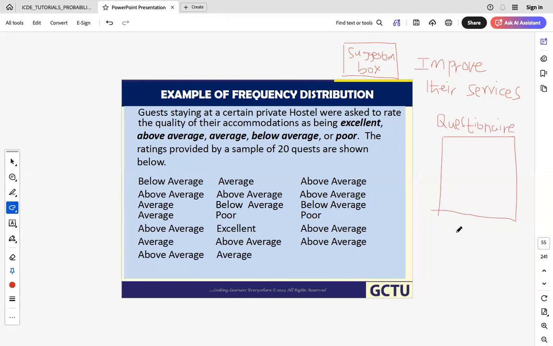So the questionnaire is in the form of rating, like rate their services, whether their services is excellent or their facility is excellent, or you think it is above average.